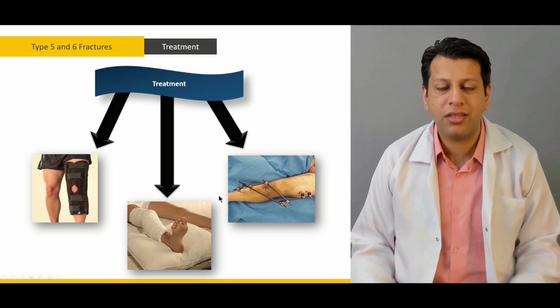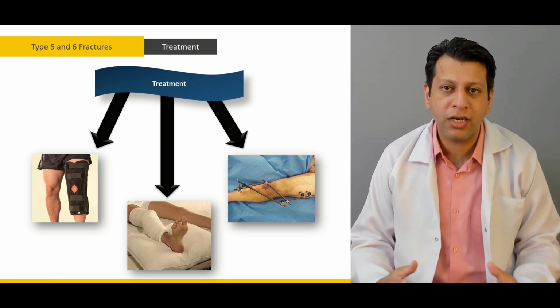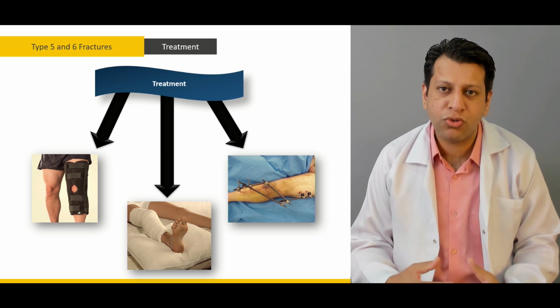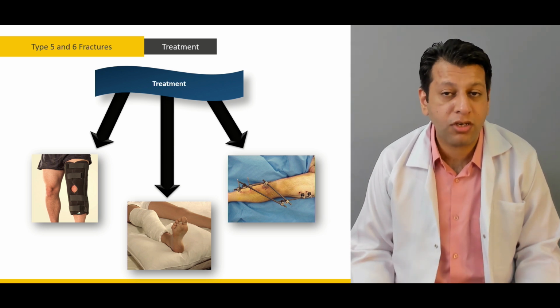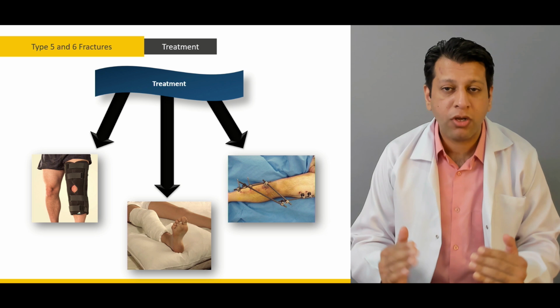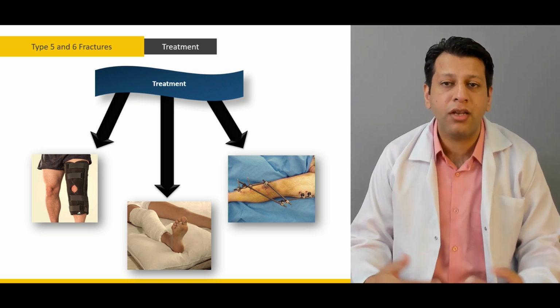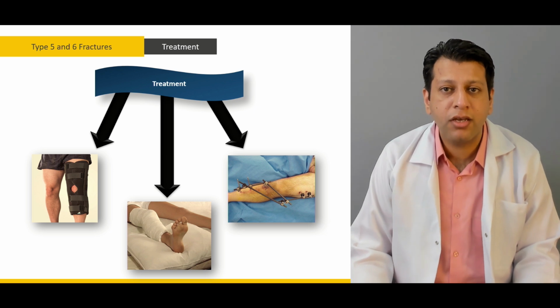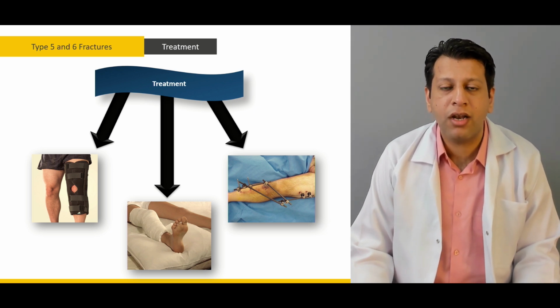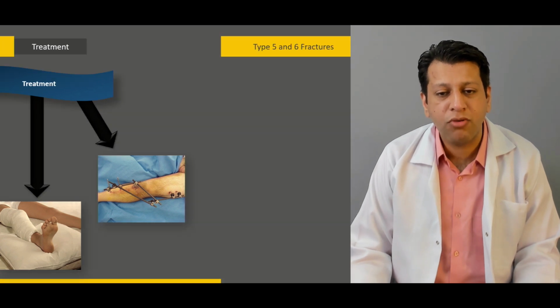Ligamentotaxis is done so that if the fracture is too comminuted and you cannot pass screws through it, or even the buttress plate cannot be passed, you allow the comminuted fracture segments to settle down and sink in and eventually unite, forming the medial and lateral tibial plateaus. For that you may have to pass an external fixator as well.